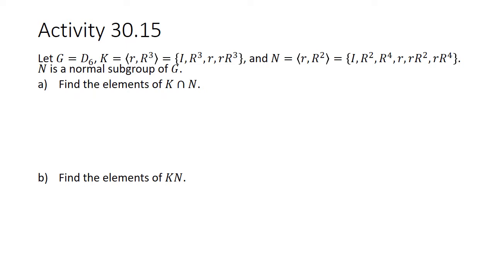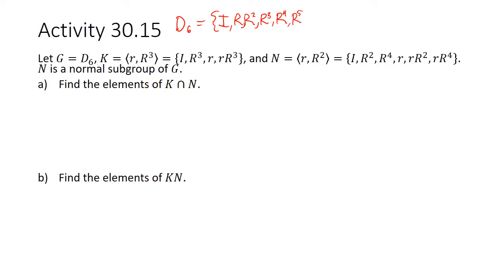So let G equal D6. I want to remind you that D6 is the symmetries of the hexagon, and so it has 12 elements. They can be written in the following fashion. You have the identity, and then the smallest rotation, and if you do the rotation twice, 3 times, 4 times, and then 5 times.